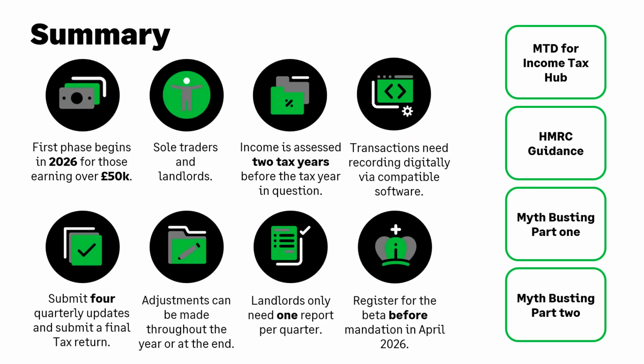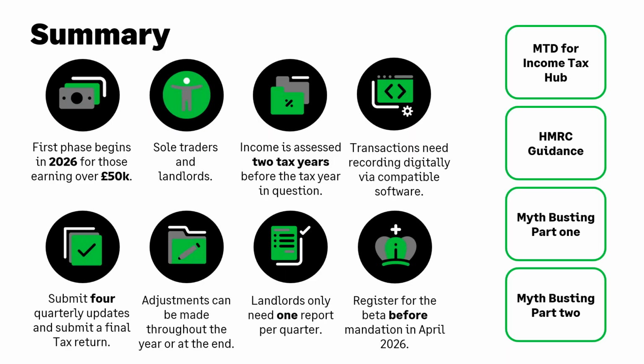So first phase begins in 2026 for those earning over 50,000. This process is for sole traders and landlords. Income is assessed 2 tax years before the tax year in question. Transactions will be recorded digitally and submitted via compatible software.